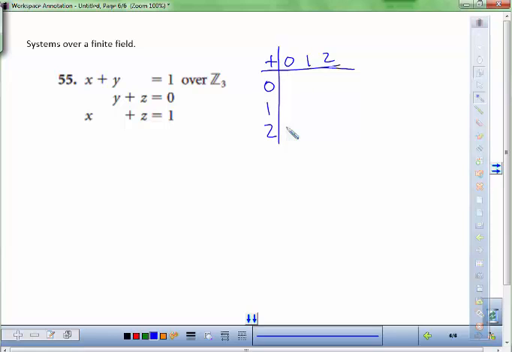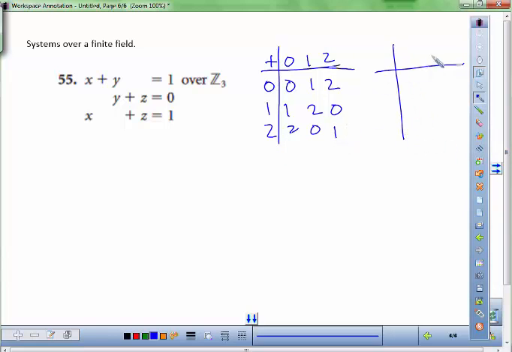So we have our addition table. 1 plus 1 is 2, 1 plus 2 is 3, but in Z3 you're back to 0. And then 2 plus 1 is 3, again that's 0. And then 2 plus 2 is 4, mod 3 is 1. So this is your addition table.